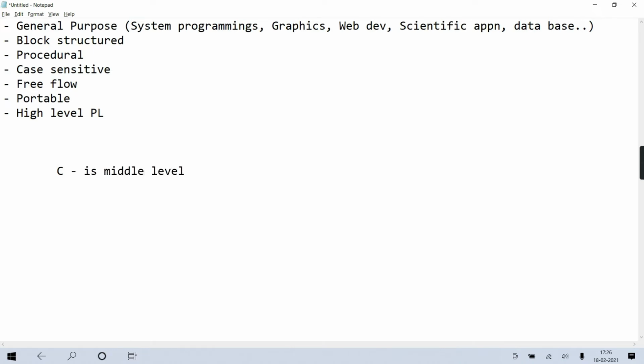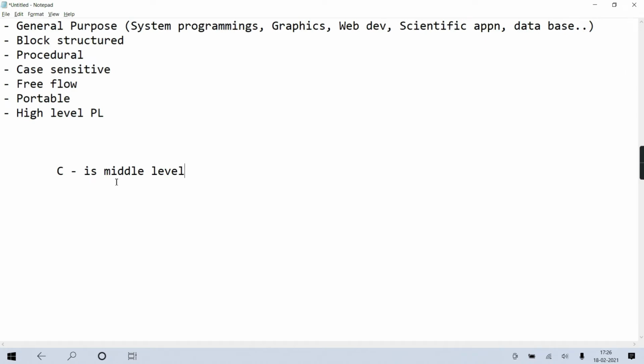I'll tell you, because it is having high level language features. Therefore, ultimately C is a high level language only. It has high level language features, but it also gives some features by which you can deal with the hardware. You can deal at a low level also.